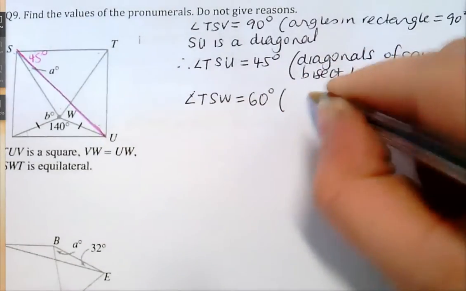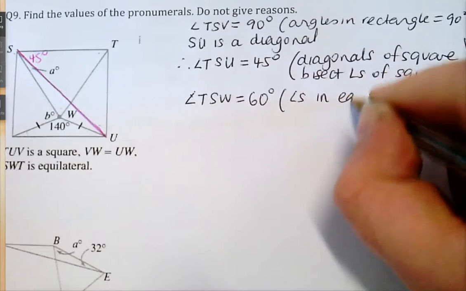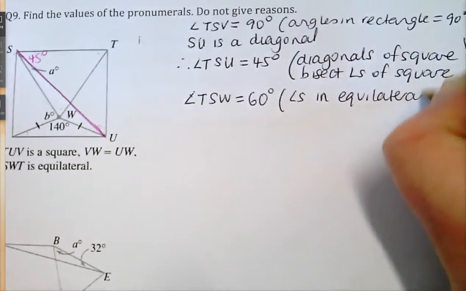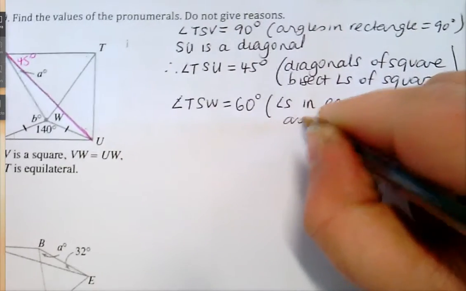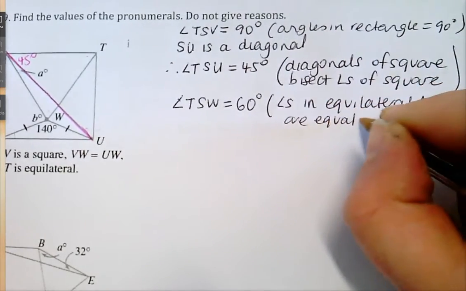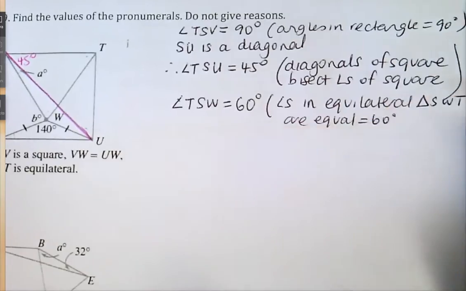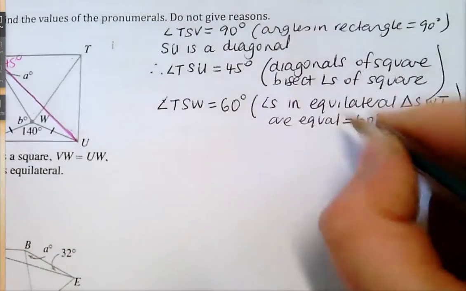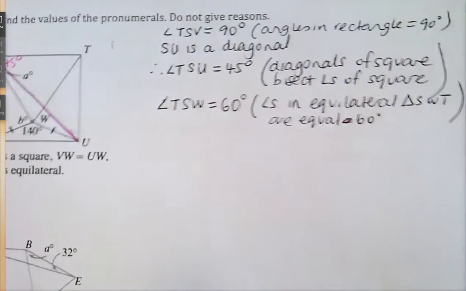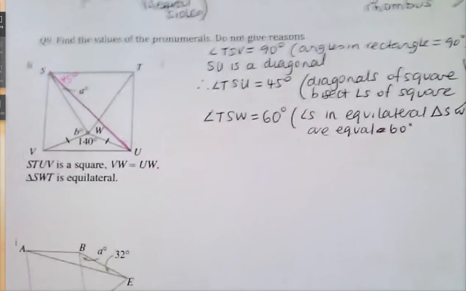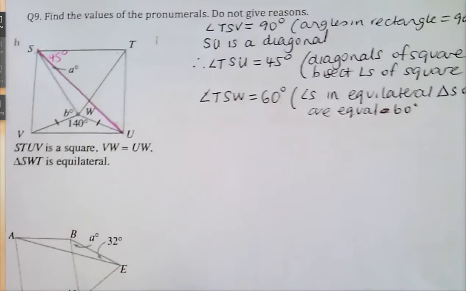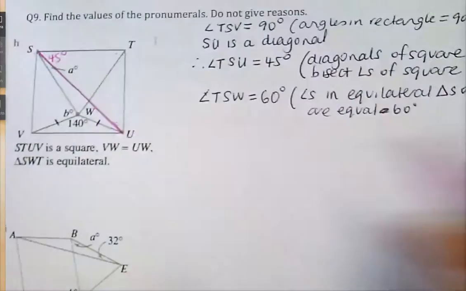And that is because the angles in an equilateral triangle SWT are all equal to 60 degrees. So we've got that whole angle TSW is 60.